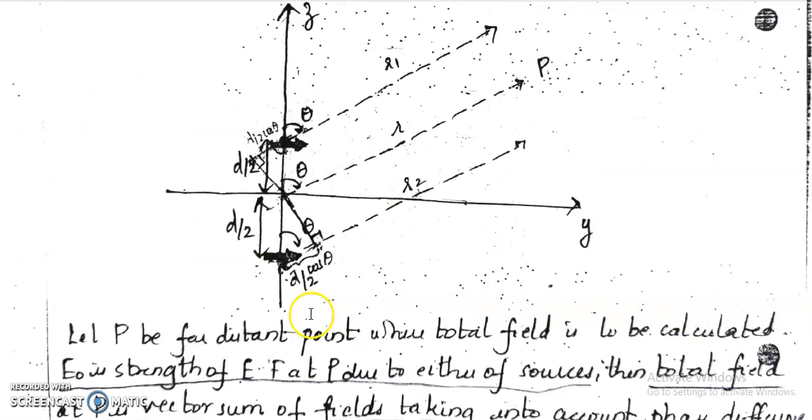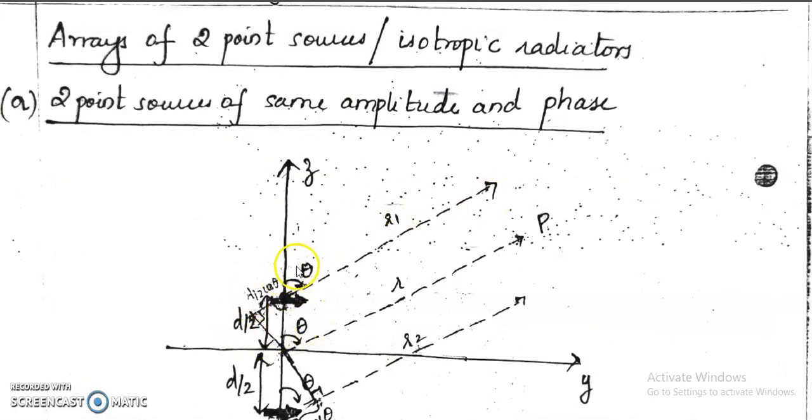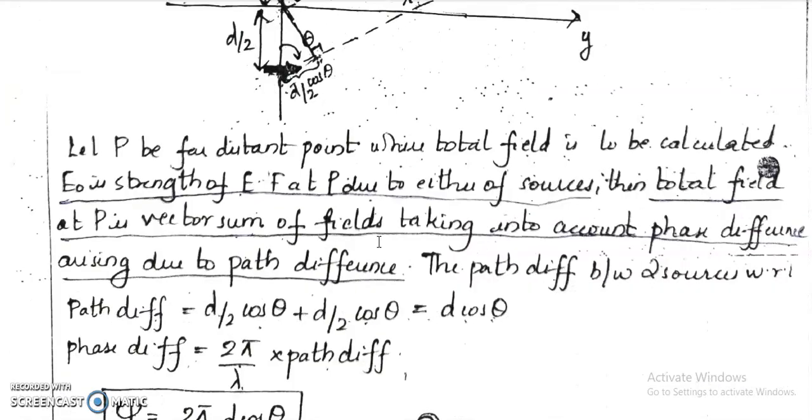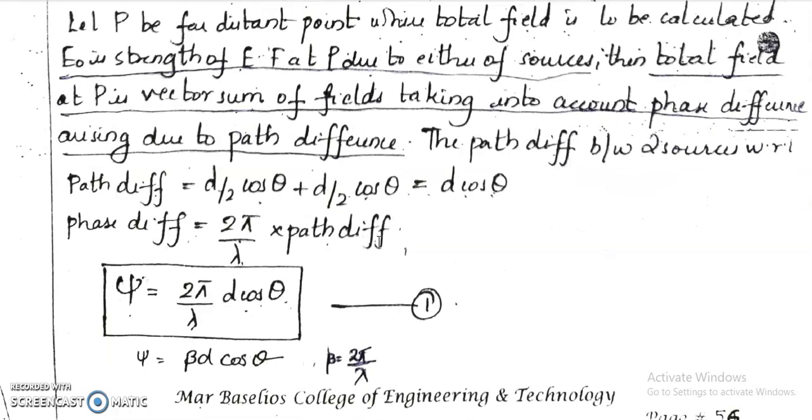Here we apply the current in same amplitude and phase, so there is no phase difference due to the applied current. Only the phase difference is due to the path difference. So psi, the phase difference, is given by 2 pi by lambda into d cos theta. It can be represented as beta d cos theta, where beta is the phase constant and beta is equal to 2 pi by lambda.